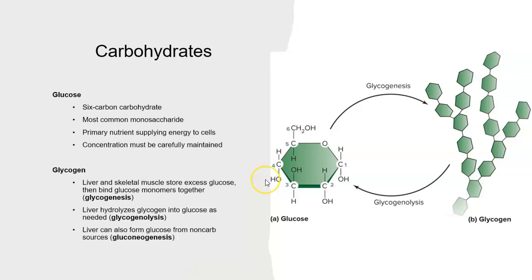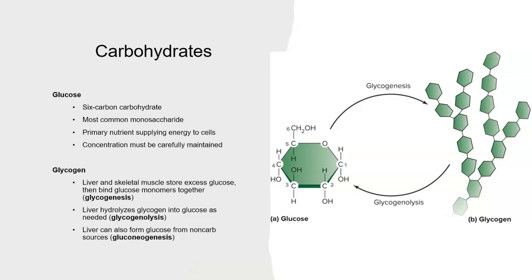All right, so glucose, as you see right here, just this, is a 6 carbon monomer. It is our most common and most important, in my humble opinion, most important monosaccharide because it is human gold. It is the primary nutrient that our body makes the most energy from. So think of glucose as gold, okay?